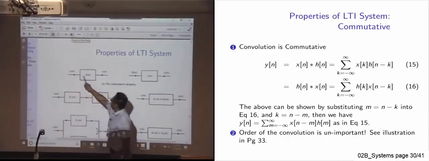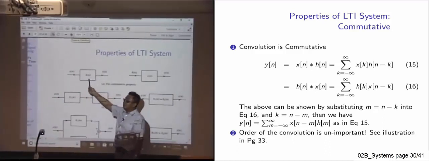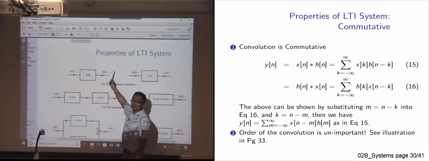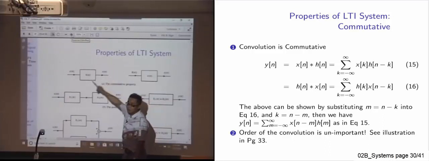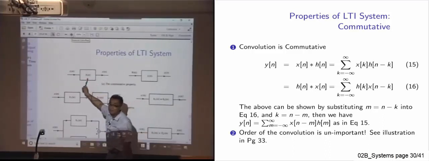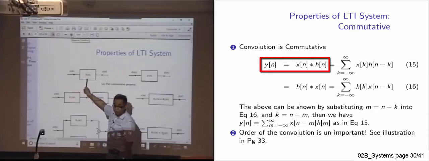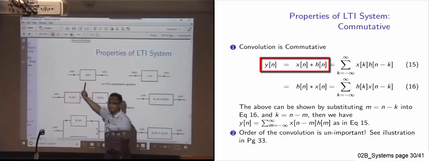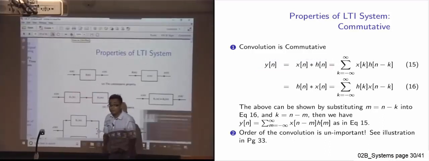If I send x into an LTI system, y equals to, what's the equation I'll write? This is LTI, y equals x convolved with h, and then you write the convolution equation.